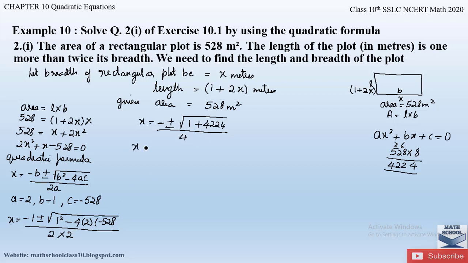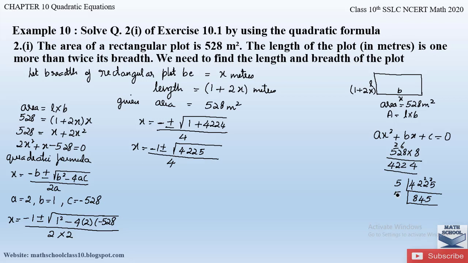So we will get x is equal to minus 1 plus or minus square root of, adding 4224 plus 1, we will get 4225 divided by 4. Let us factorize this 4225 and find out the factors so that we can remove the square root term. It goes in the table of 5 because the last number is a multiple of 5. 5 8s are 40, 2 is carry, again 5 4s are 20, again 2 will be carry, 5 5s are 25.